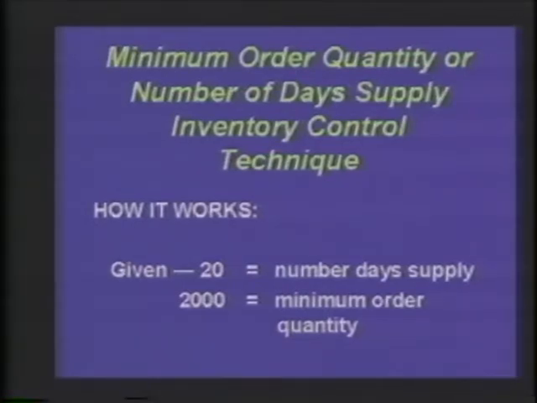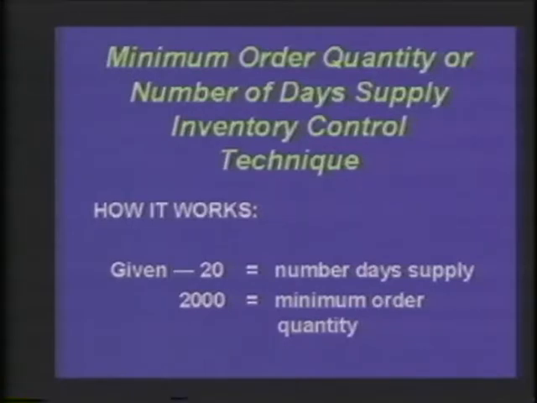We're given that we're going to look out 20 days into the future. So we're looking at a 20-day supply period. Therefore, that means that this is part of a planning process. We were also told by purchasing that the minimum order quantity is 2,000 pieces.